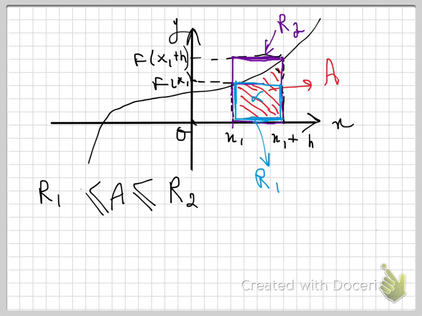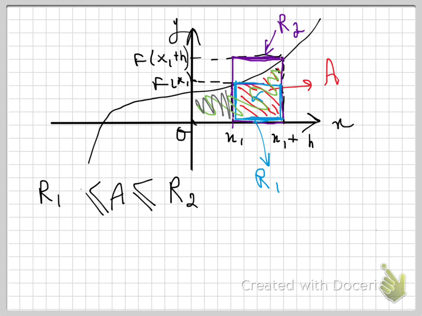I will shade it in green, this part, minus the small part in gray, this one. So if we subtract all the part below the curve from 0 to x1 plus h, which is in green, minus the part from O to x1 in gray, we will get exactly the area we are looking for, which is A.